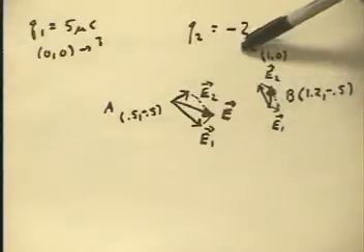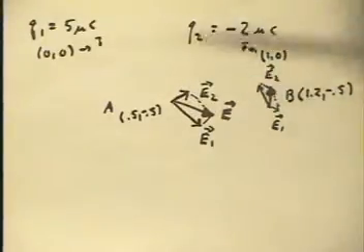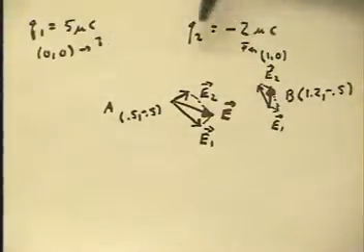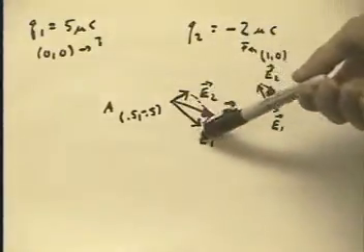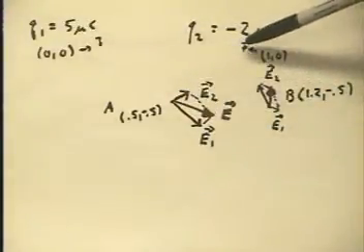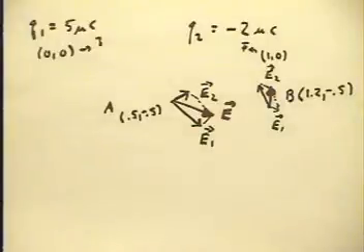E2 would be the electric field due to the charge Q2, provided that each of the charges Q1 and Q2 was there independently. That is, E1 is the field that we would have if Q1 was the only charge. E2 is the field we would have if Q2 was the only charge.